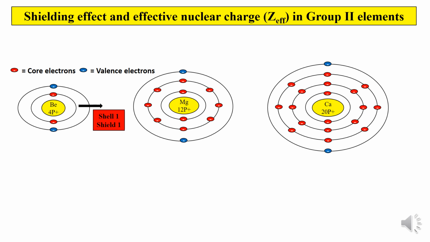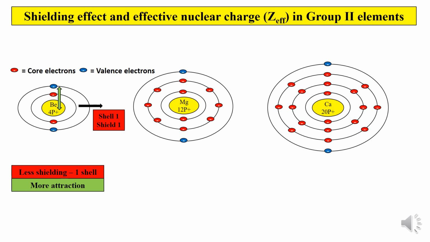It acts as shield 1, and as a result, it leads to less shielding as there is only one shell containing core electrons, and this leads to more attraction between the positively charged protons present in the nucleus of beryllium atom and the valence electrons.